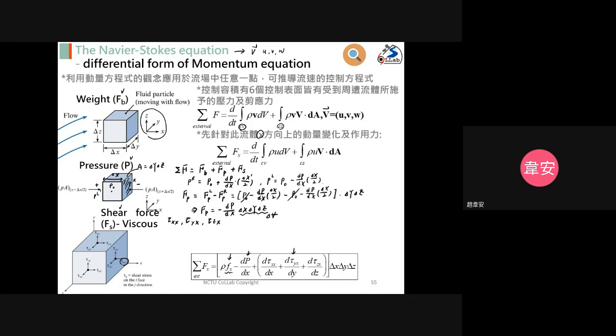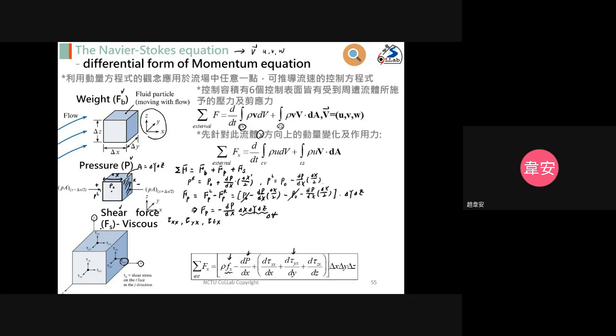So there are two indices in xx, yx, and zx. So what is the meaning of the indices? As you can see, I changed the coordinate: there is y, there is x, and there is z. Because I changed the coordinate, it's better to introduce tau xx, tau yx, and tau zx.